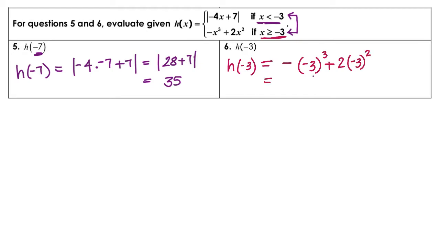So here we have the negative from the problem, and then we have a -27 from the cube, plus 2 times 9. And so we're going to have 27 plus 18, and so we're going to get 45.